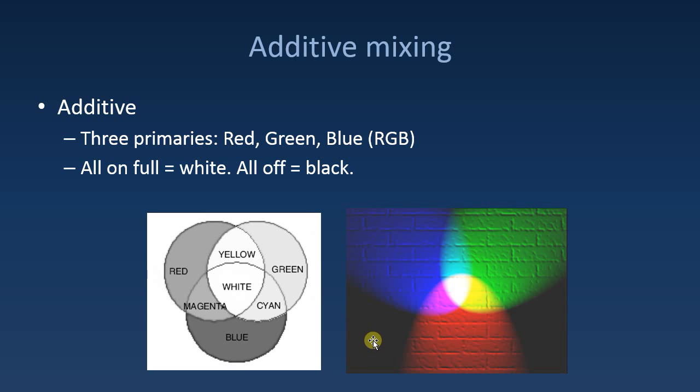If we have all red, all green, all blue maxed out, we get white. And if we have green and red, we get yellow, blue and green make cyan. Different mixtures of those three primary colors make different colors. To get something that's gray, we just mix them in equal proportions.